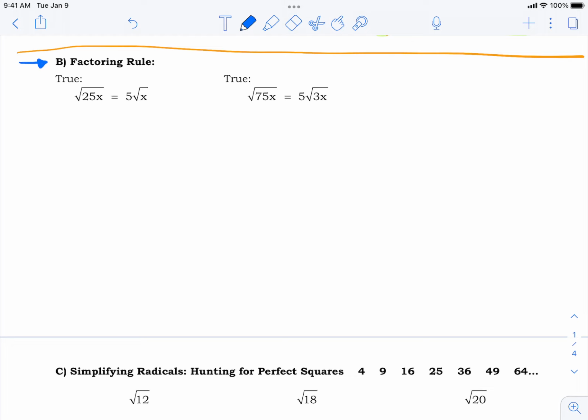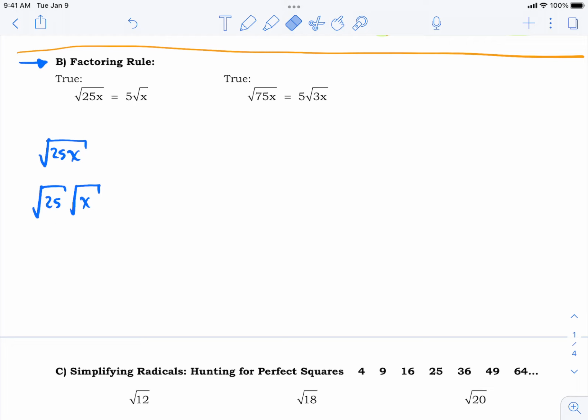You might see what's going on and not have any idea why I'm calling it a factoring rule. Well, when you have radical 25x, which is basically two things multiplied together, you can think of it as radical 25 times radical x. That's called factoring. I broke it apart into two different square roots that are still multiplied.